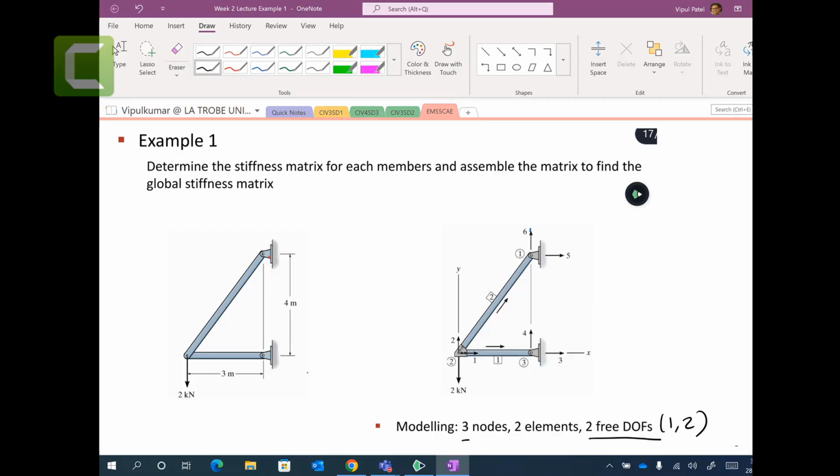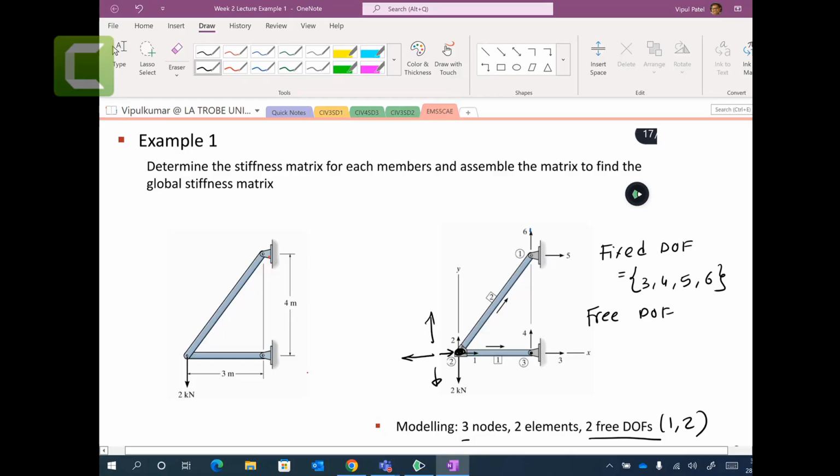So the fixed degrees of freedom are 3, 4, 5 and 6. And the free degrees of freedom: you can see this point can go left and right, and up and down. There are no supports at joint number 2. So here you have free degrees of freedom 1 and 2.